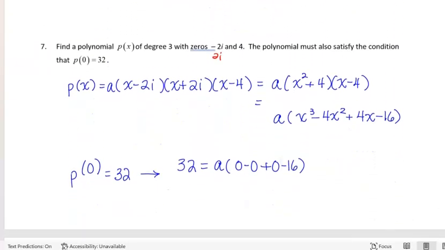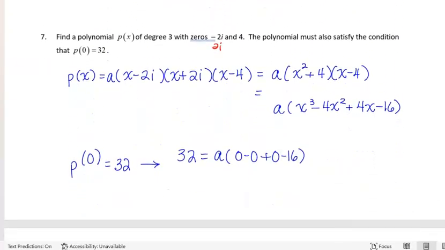Next example. I like it. It combines the concepts and doesn't need too much calculation. It first tells you this polynomial has degree 3 with zeros negative 2i and 4. With zero negative 2i, that immediately tells me positive 2i is a zero too.